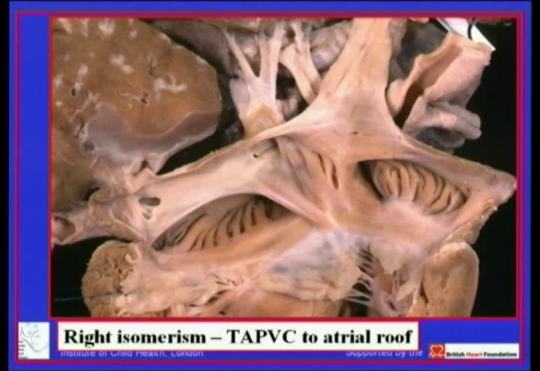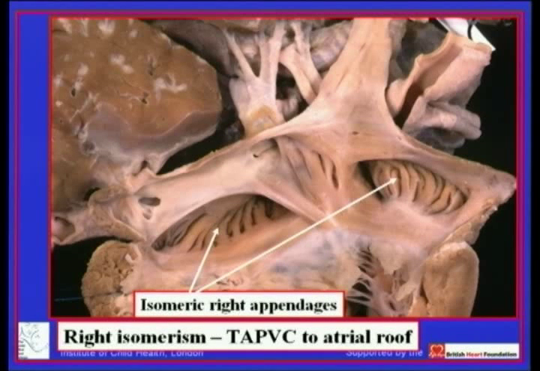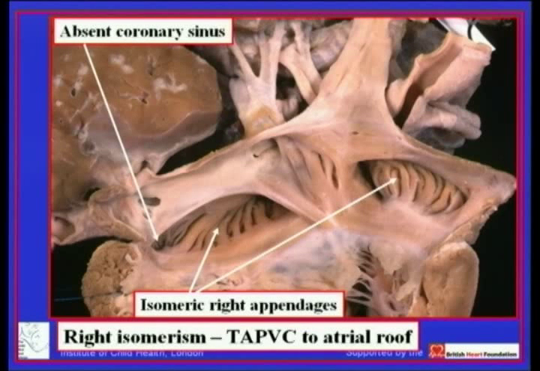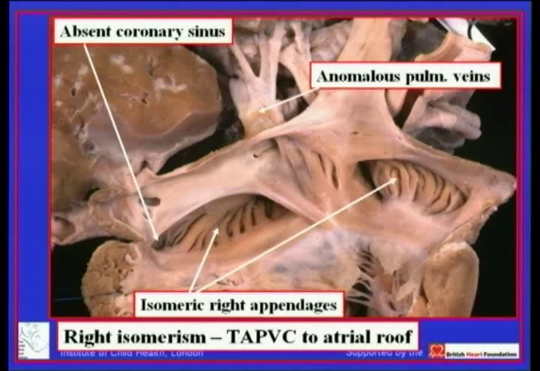Here is a more typical situation of cardiac connection in the setting of isomerism of the right atrial appendages. Unequivocally in this instance, both pectinate muscles extend to the crux, again with absence of the coronary sinus, but now the pulmonary veins are squeezed together into a small midline confluence with fibrous walls that opens to the atrial roof.